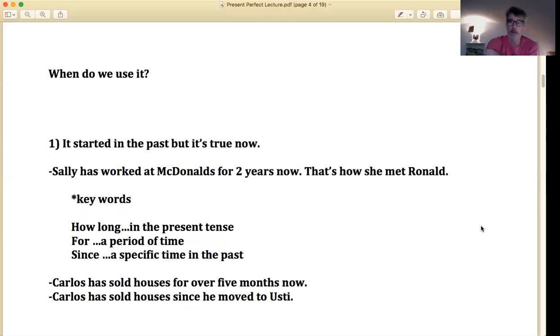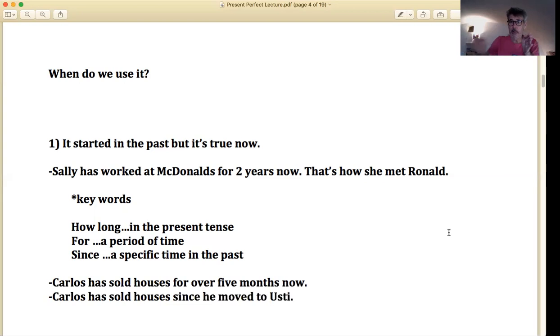So now, the main idea with present perfect is, as you can see here, it starts back here in the past, but it's true today. It's true right now. It's active. And this present perfect covers this period between sometime in the past and now.